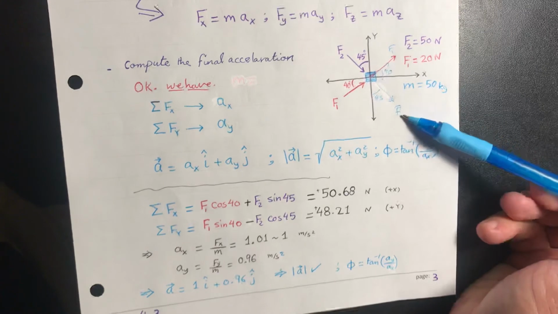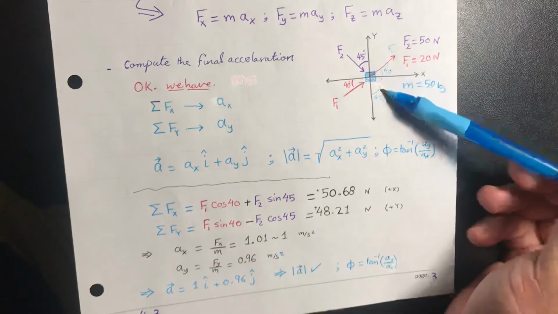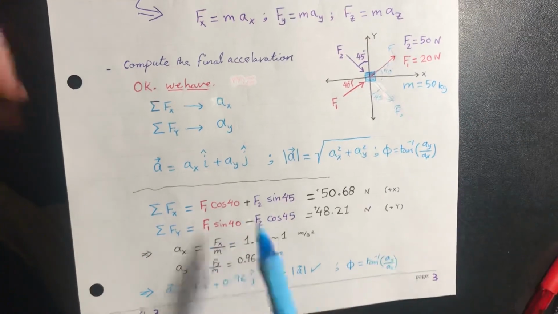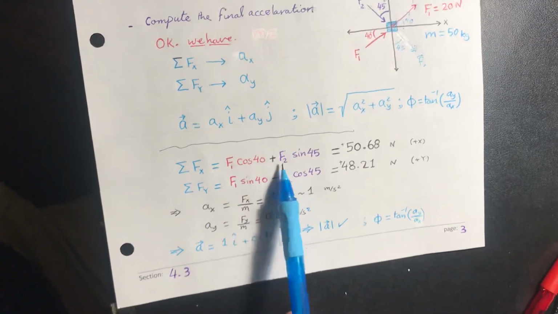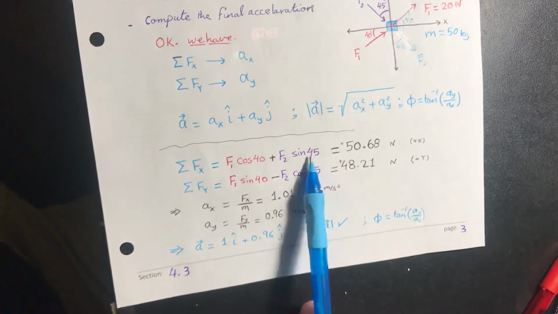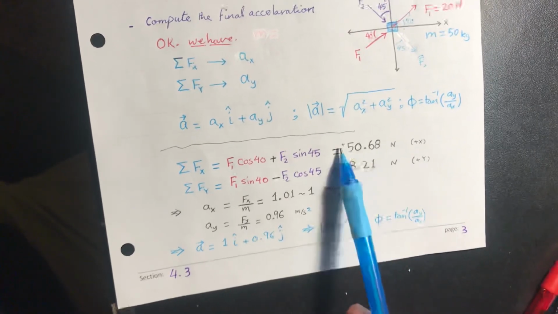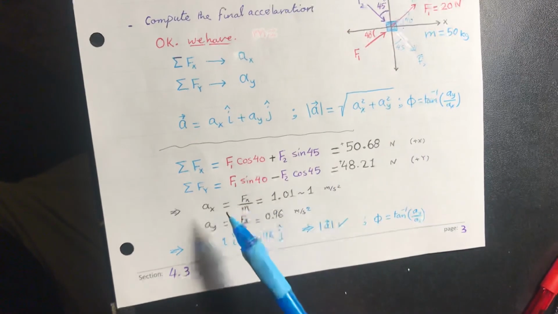And also we have f2 sine 45, because the 45 is from the y direction. So the x component of the force is f1 cosine 40 plus f2 sine 45, which is 50.68 newtons. Because it is positive, it is in the positive x direction.